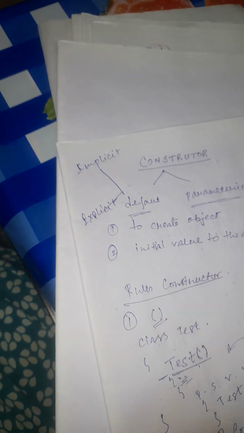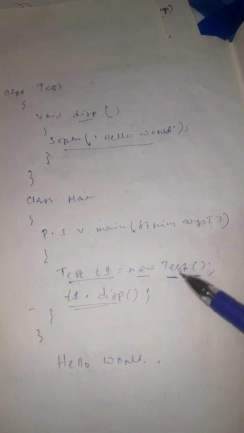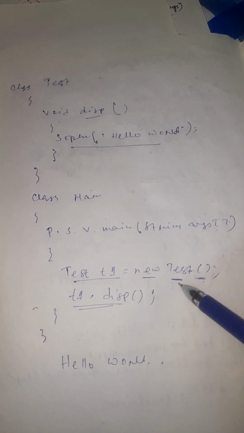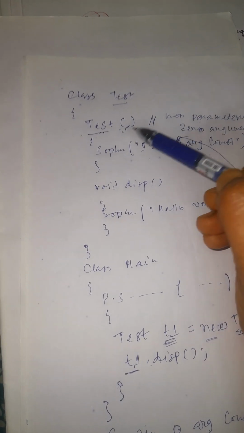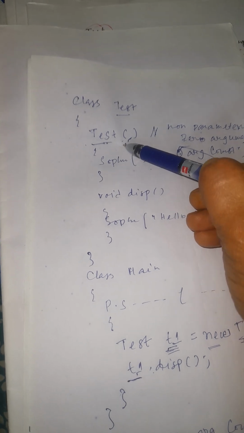Clear? When there is no constructor, the default constructor will be called, so that's why it is known as the implicit constructor. When you create any type of constructor, non-parameterized or parameterized or anything, the default constructor will be overloaded.